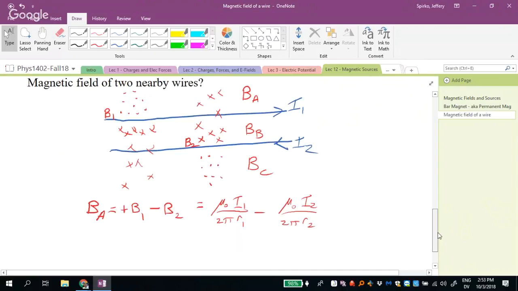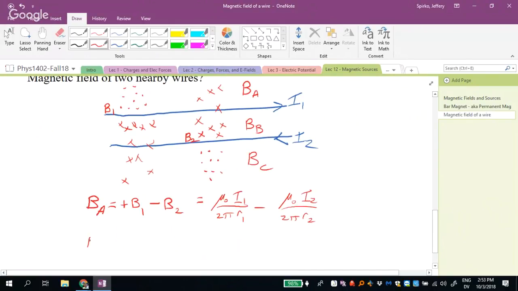So let's look at region B. That is a negative B1 because it's into the page, and also a negative B2 because it's into the page.